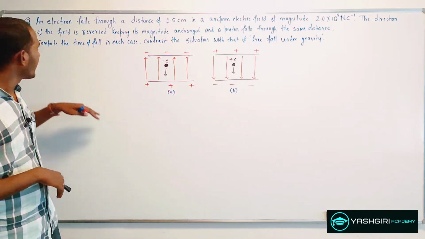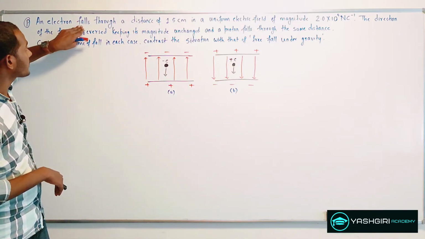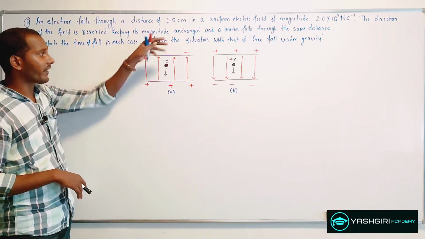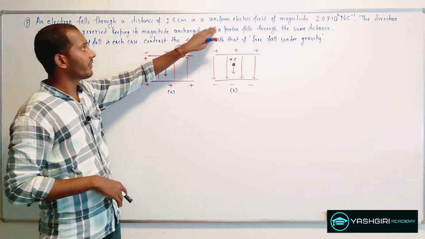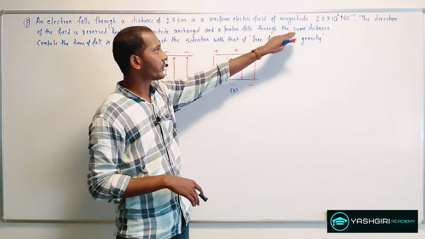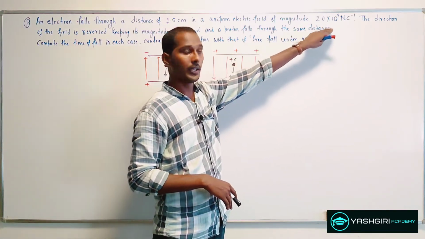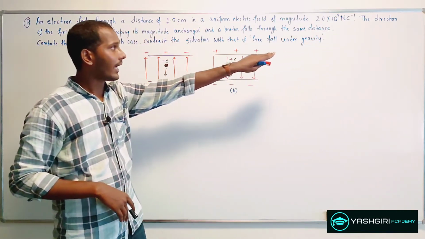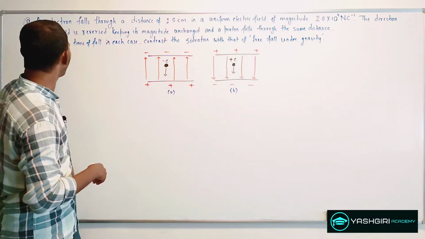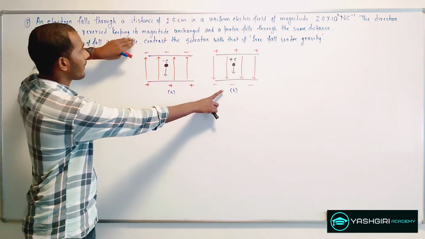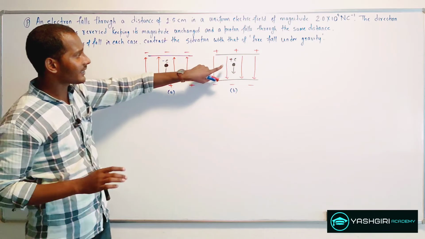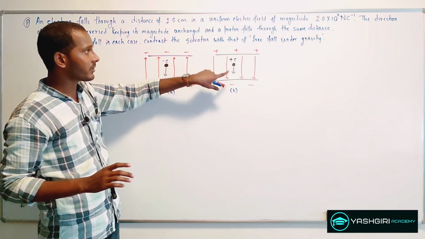Now here in this problem, an electron falls through a distance of 1.5 centimeters in a uniform electric field of magnitude 2 into 10 to the power 4 newtons per coulomb, and then the direction of the field is reversed, keeping its magnitude unchanged, and a proton falls through the same distance.